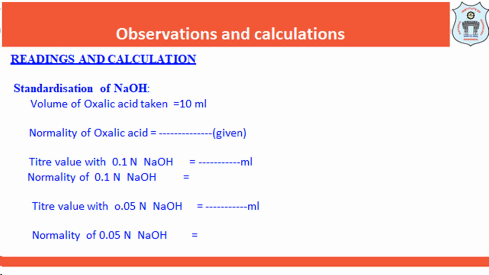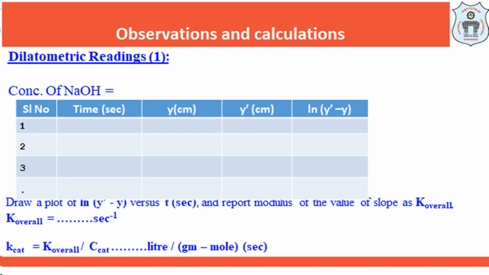We now move to the observation and calculation part for the experiment. In the observation and calculation part, first we need to standardize sodium hydroxide, 0.05 normal sodium hydroxide and 0.1 normal sodium hydroxide, using standard oxalic acid solution. Once that is done, we now need to take the dilatometric readings.